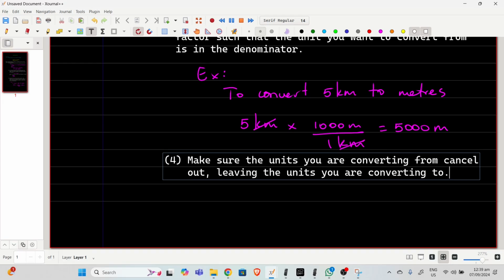Alright? So notice here when we did it, we cancel out the kms, and the m is going to stay there since that's what we're converting to. So the km cancels out and we leave the meters in place.